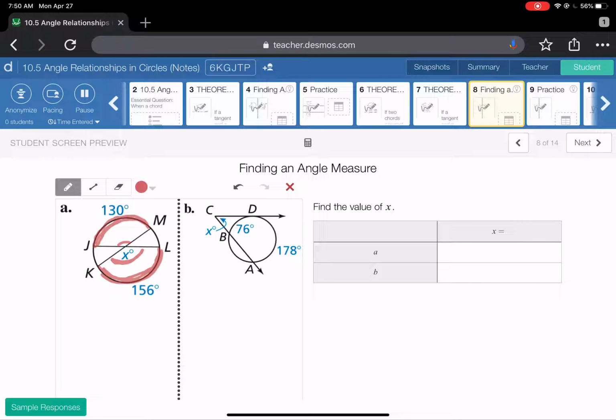So x is equal to 1/2 of 130 plus 156. I'm adding both of the measures of the arcs, and then I'm going to divide by 2. So x is equal to 1/2 of 286, which is equal to 143. So that is the measure of this angle x.